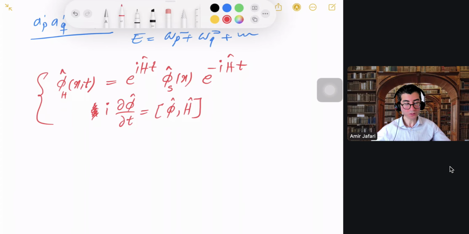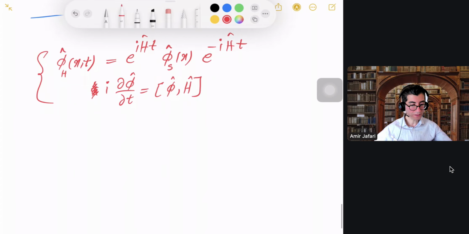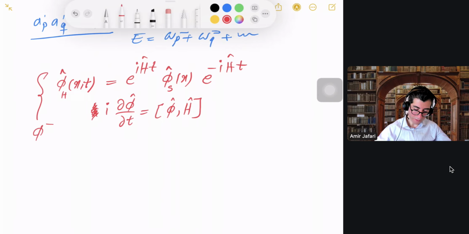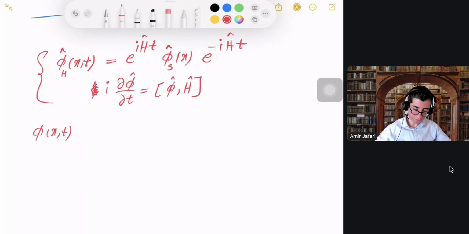Now you're going to do this, and if you do this, what you get, phi of x and t would be, I don't have them here, I don't think so. Okay, we had this. Let me be very careful here.